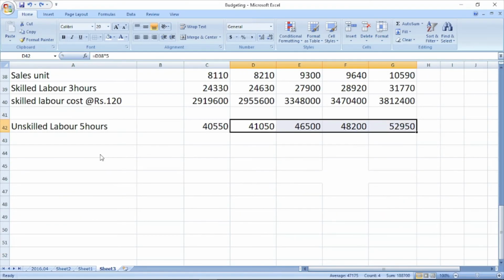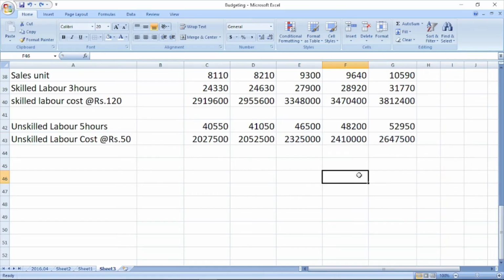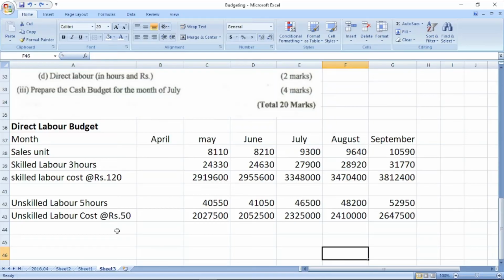And now we know unskilled labor cost is 50 rupees per hour, so 50 rupees into hours, we can get the cost of unskilled labor, it is 40,550 into 50 rupees, it is 202,750. Likewise get the other value. So this is the direct labor budget.